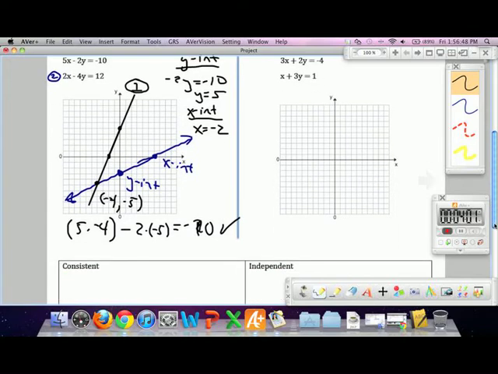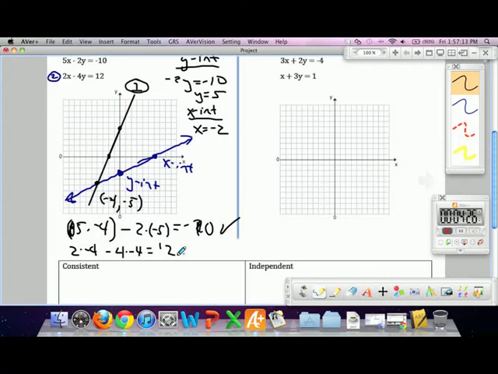Is 2 times negative 4 minus 4 times negative 5 equal to 12? Is this supposed to be 5?